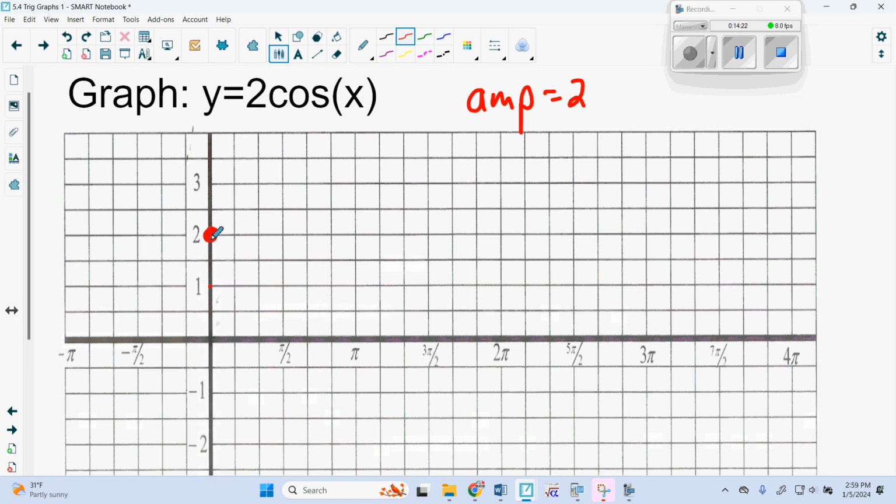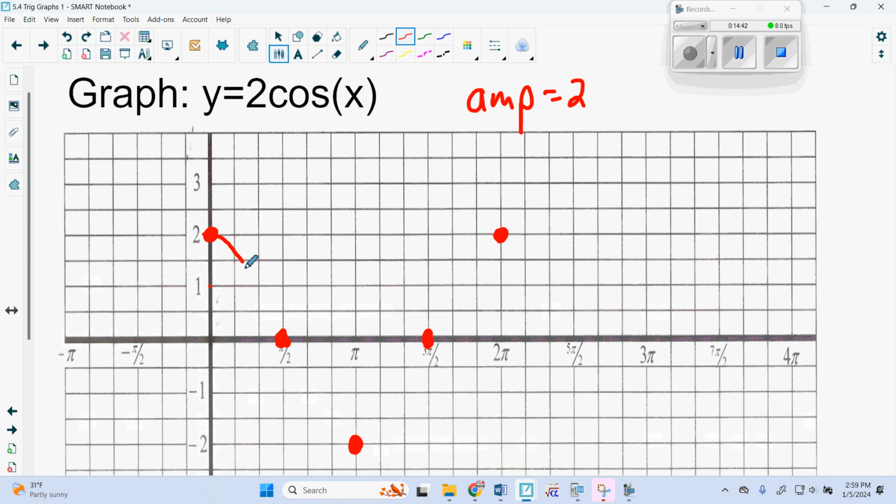Now, where cosine starts at 2, it's also going to end at 2. Halfway in the middle, it's at -2. There are 5 key points. Halfway in the middle of the front half, it's at 0. Halfway in the middle of the second half, it's at 0.